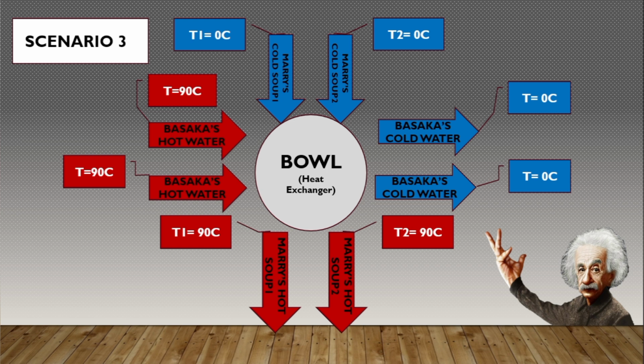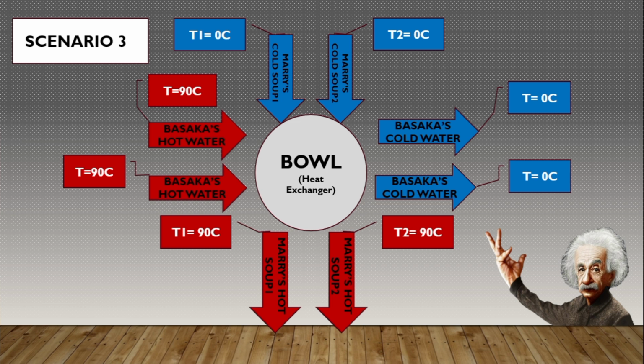What we just did right now, we did not temper with the specific heat capacity, we did not temper with the change in temperature. It's still the same scenario, 0s and 90. The lower limit, Mary having the lower temperature of 0 Celsius for all her 2 bowls, and Basaka having the higher temperature limit of 90 Celsius for his 2 hot water bowls.